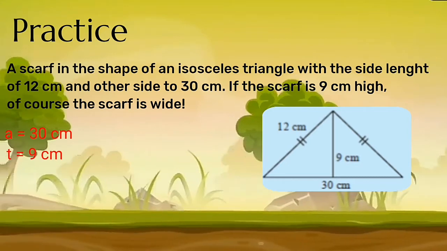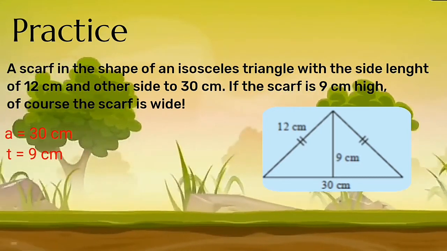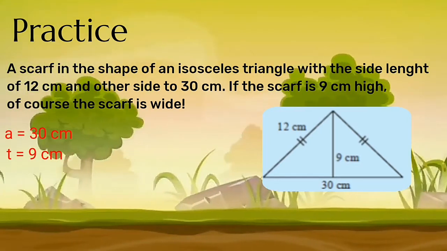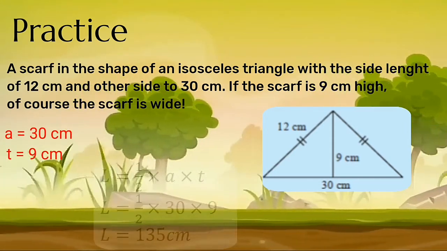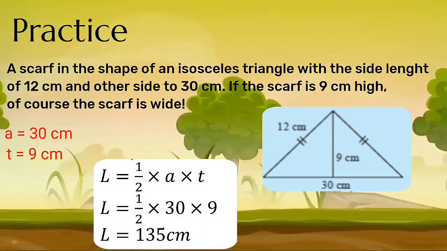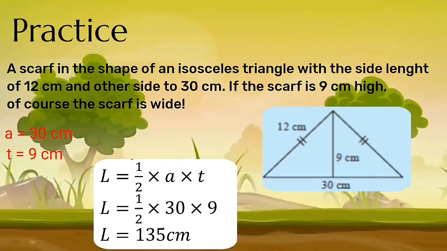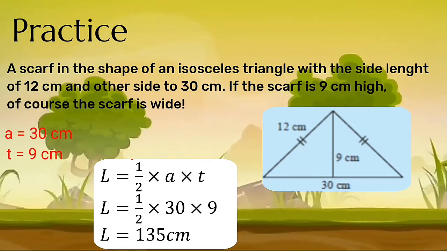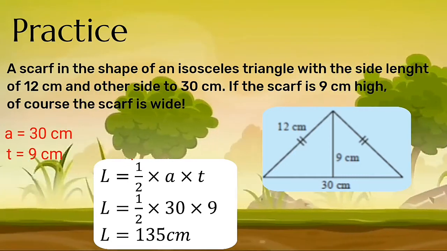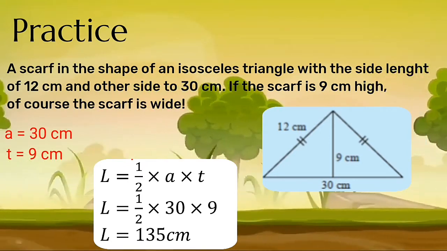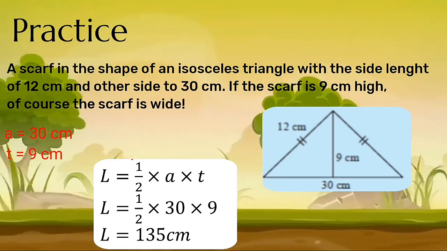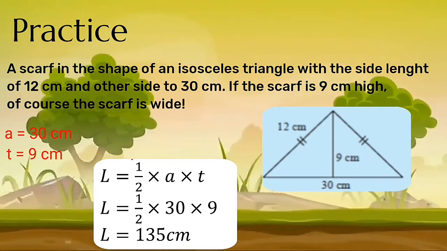Substitute it into the triangle formula as in the example. L equals half times 30 cm times 9 cm. Then the area of the triangle is L equals 135 cm squared.